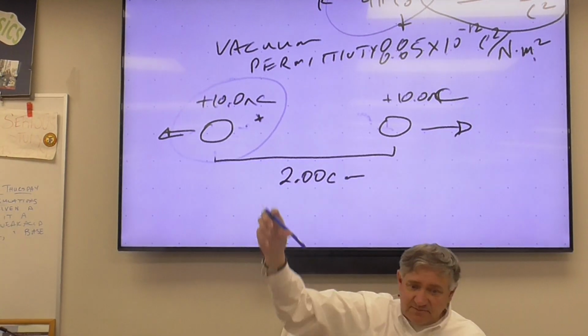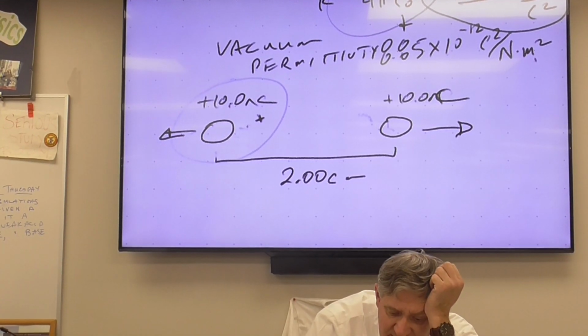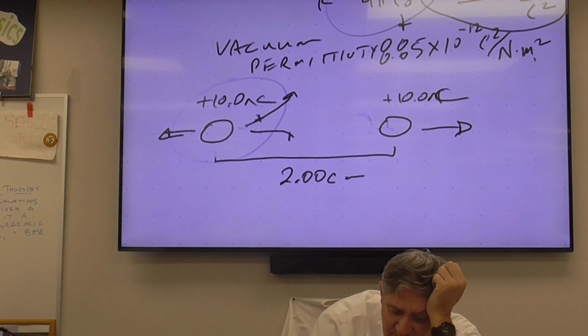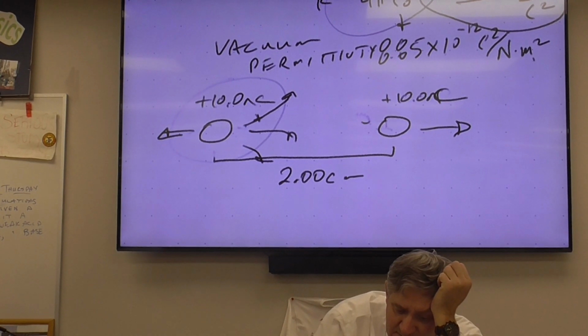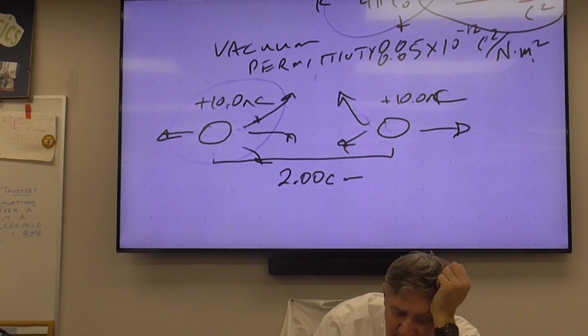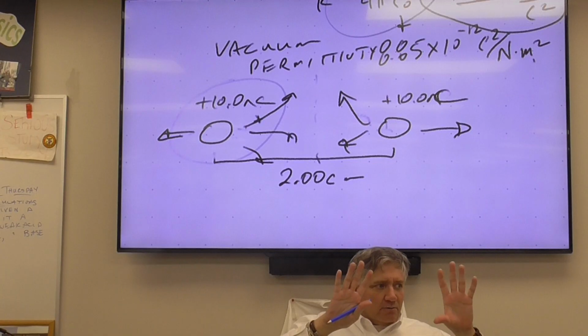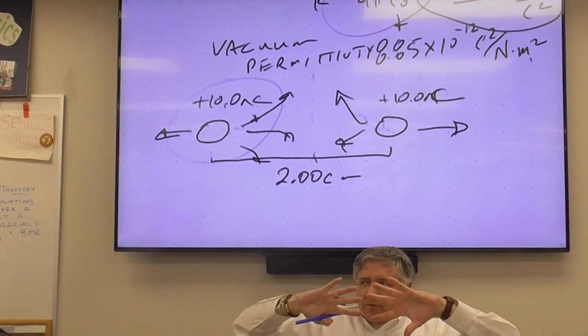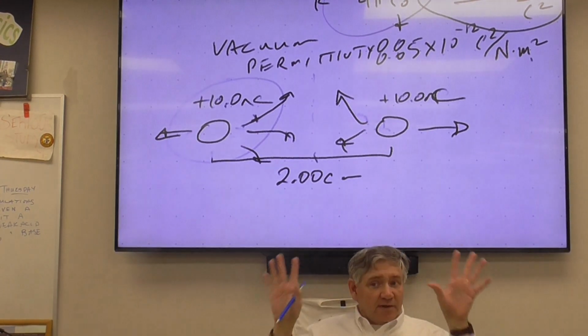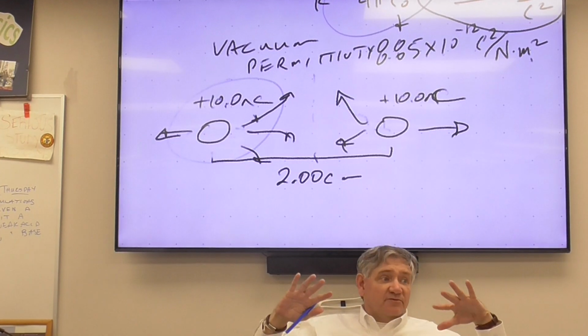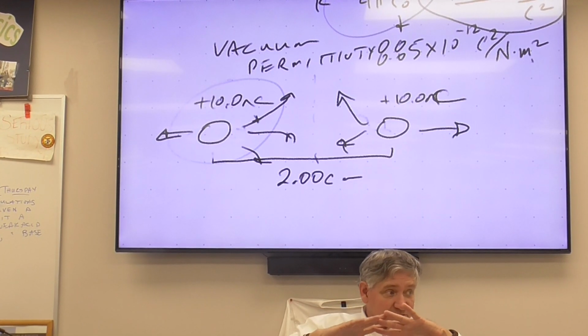Repulsion, because those are positive charges. So the direction of the electric field from each of these is going outward. Basically, what happens in the middle is that you have these electric field lines, and it's like a battle. They're both coming out, running into each other, and they don't like each other because they're both going in the same direction.